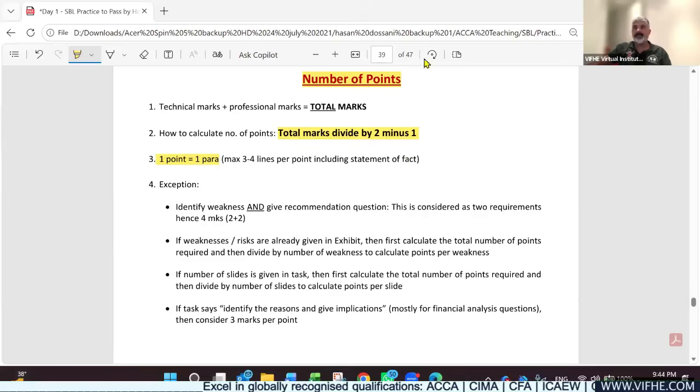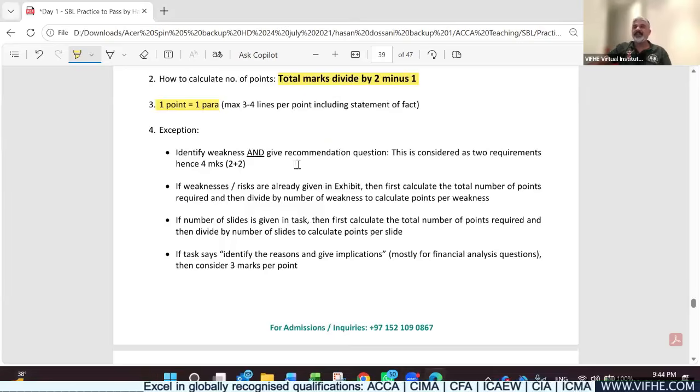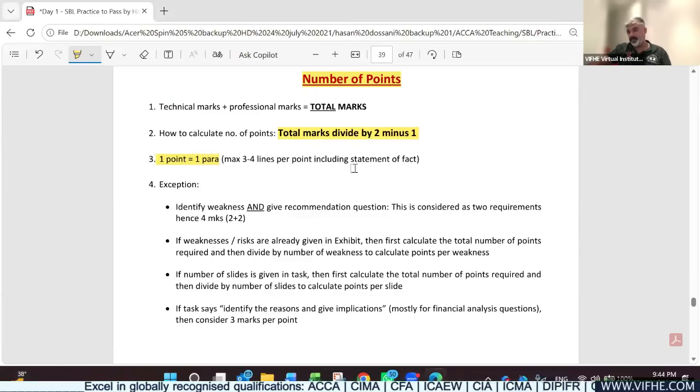paragraph. All right. Now, there are some exceptions to this rule. You remember sometimes the examiner says identify weakness and give recommendation. Remember we do a tabular format for this.